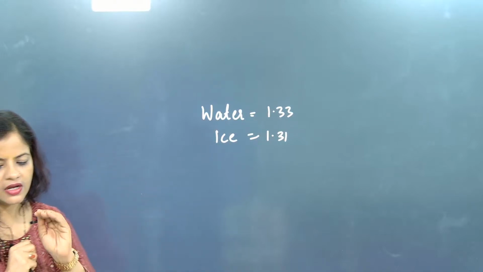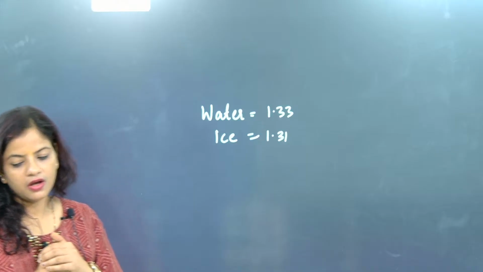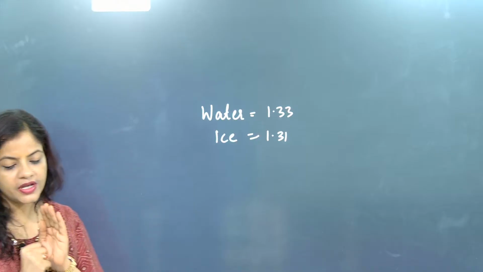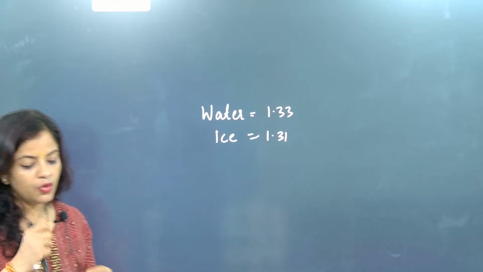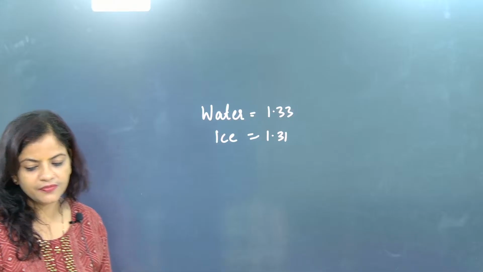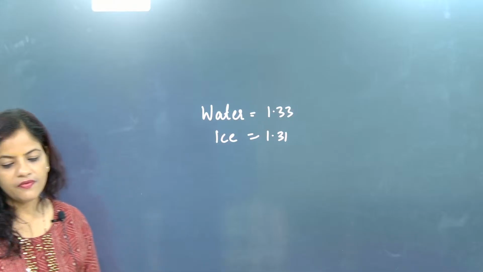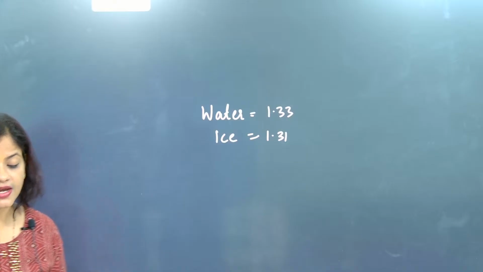Now, whose optical density is on a higher side, water or ice? Come on children, you can answer. Optical density is on a higher side, I am asking, Maha.